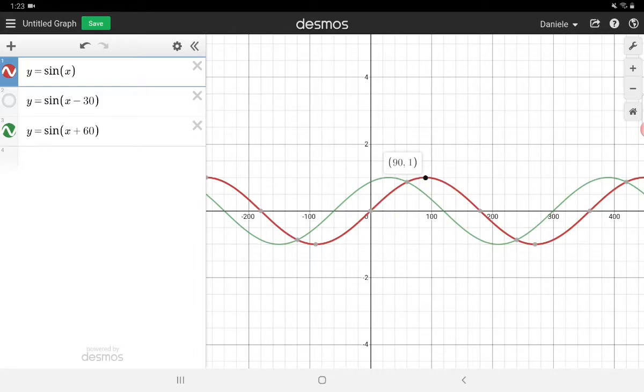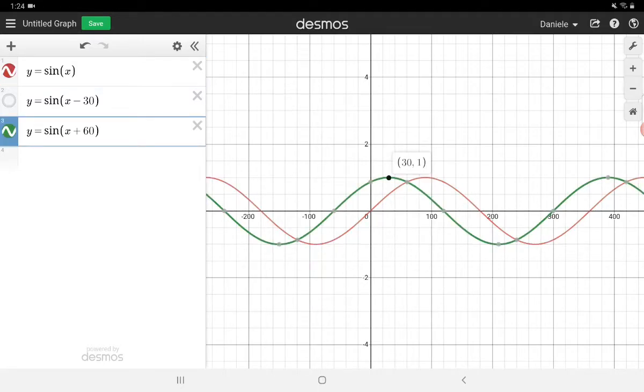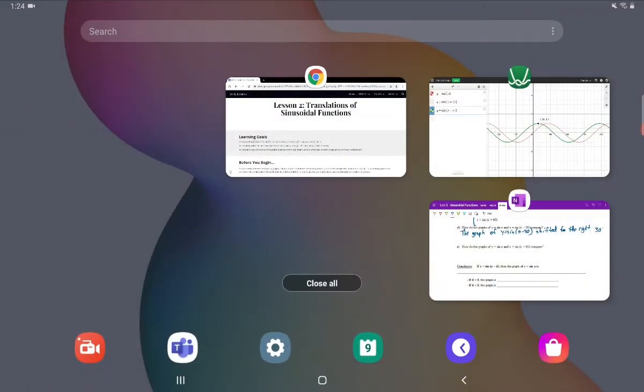My coordinate for my maximum there is 90 and 1. My new maximum on my green graph is 30 and 1. So I went from 90 to 30. What happened here on my x-axis? I translated this time to the left 60 degrees. 90 minus 30 is 60.